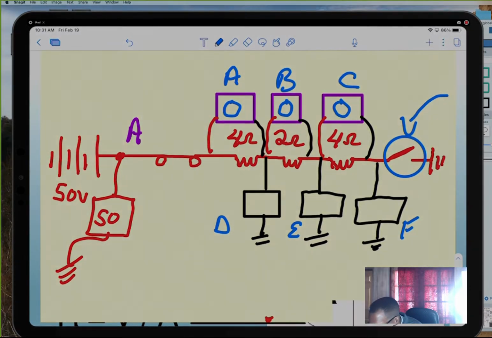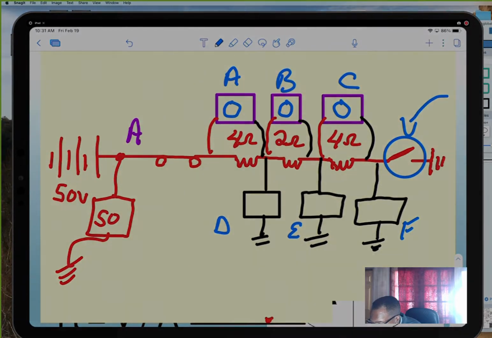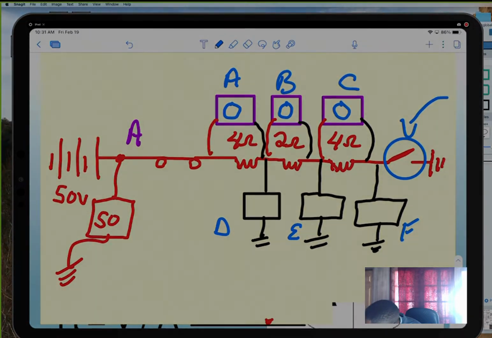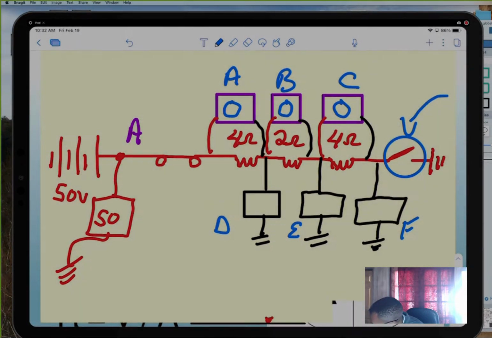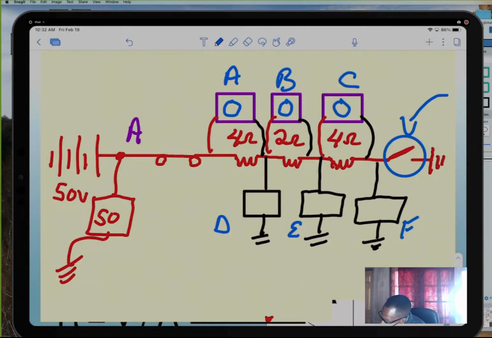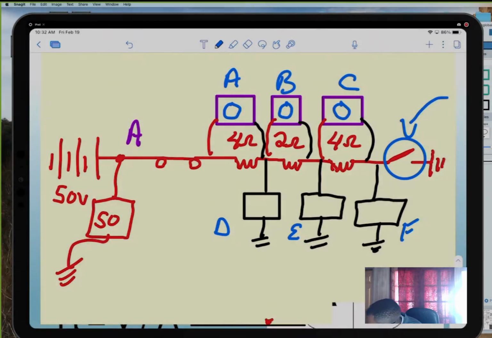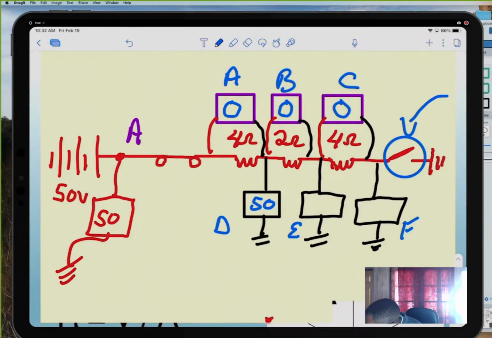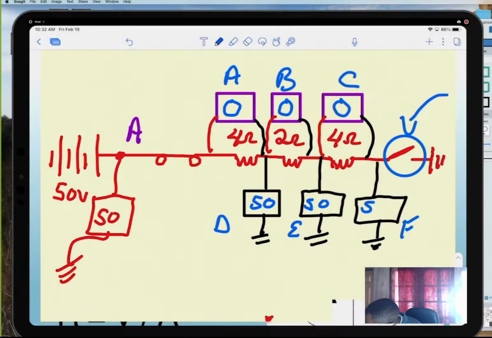But on the bottom, it's checking for the potential voltage. You were close. Y'all almost there, right? So this is gonna be 50, 50, 50.